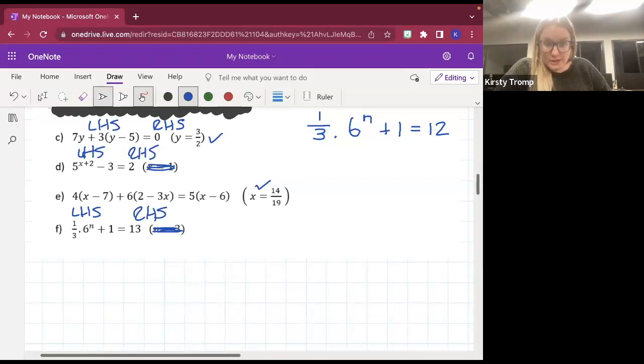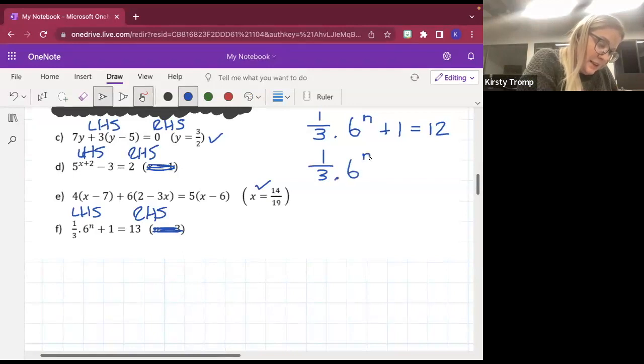What's the first thing you want to do when you're doing the sum? I would take this 1 and take it to the other side. So I would have 1 over 3 times 6 to the n is equal to 12 minus 1.